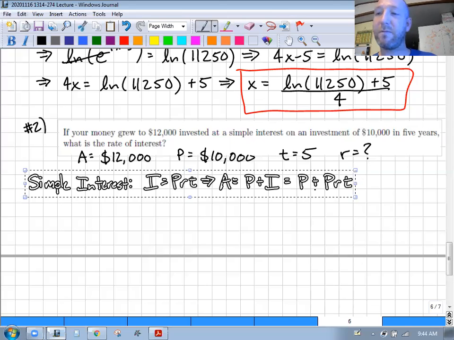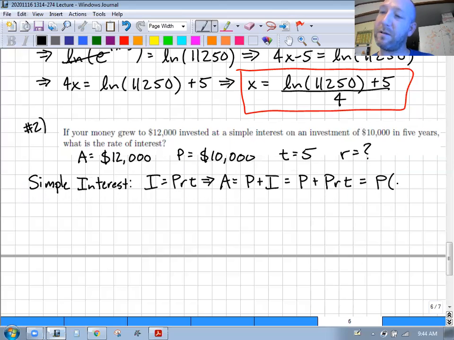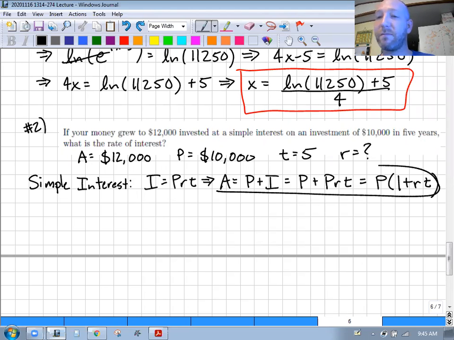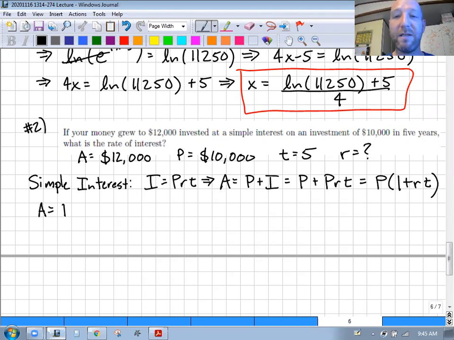And we can rewrite this as P times the quantity 1 plus RT. We haven't done many problems like this, but it's the simplest one. The amount is the principal plus the interest. The interest is your I equals PRT formula. So your amount becomes that. So the amount is P times 1 plus RT.